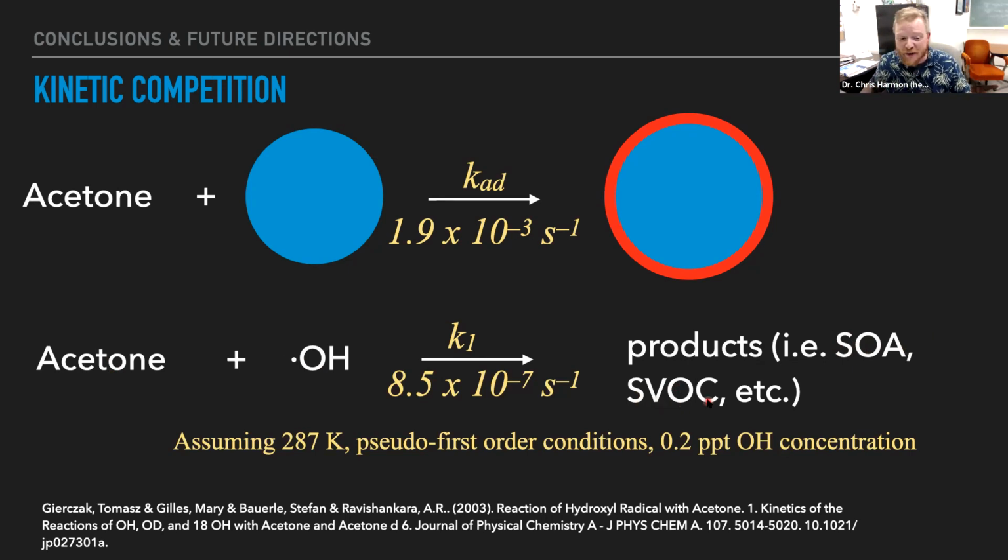So you notice here that, of course, under pseudo first order conditions and assuming a 0.2 part per trillion OH concentration, this pseudo first order rate constant is 10,000 times slower than our adsorption. So where acetone is concerned, it would seem that this adsorption pathway is far more important than this hydroxyl chemistry.